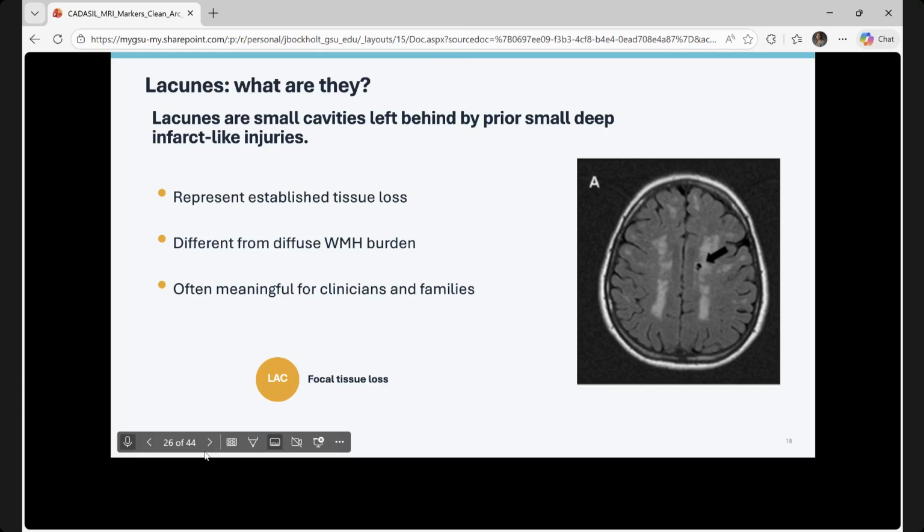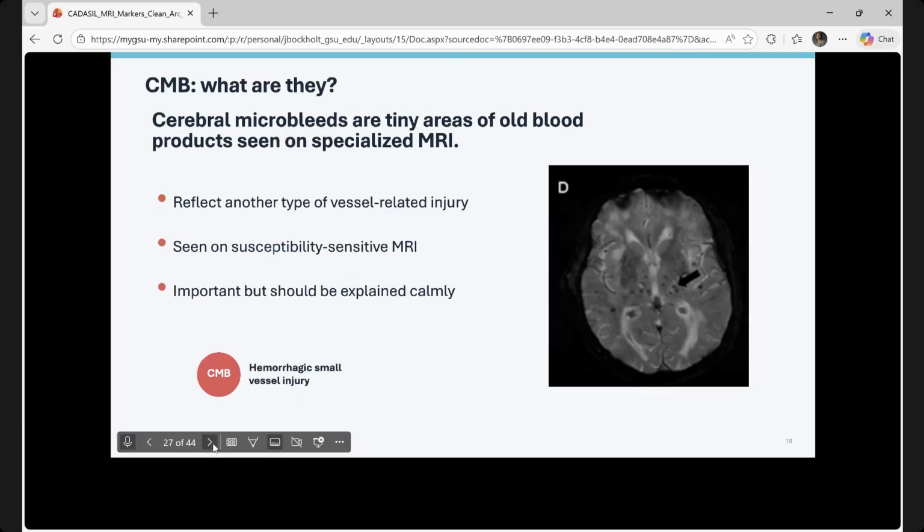How many of them are there? Unlike the perivascular spaces, the number of lacunes is, I think, clinically relevant, and so we'll be using them in that sort of context. So next slide.